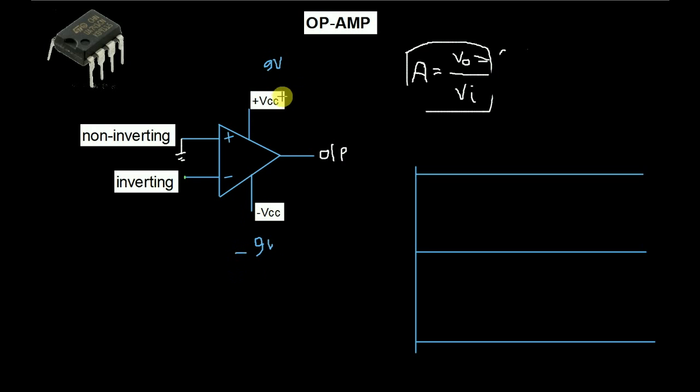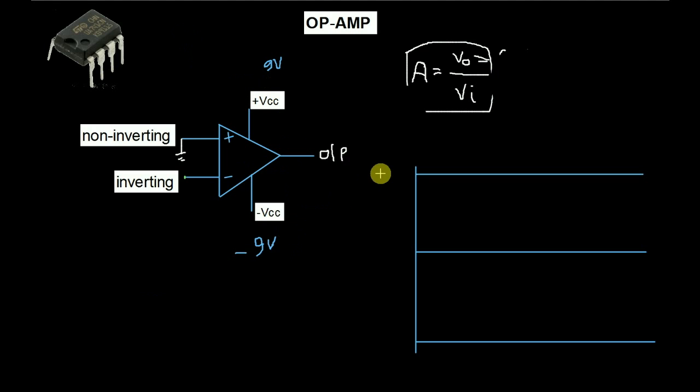We have used a 9-volt DC source to bias this op amp. We have to bias this op amp before doing some operation, because this is an active device. Every active device must be biased, because without biasing, an active device will not work. So as the op amp is an active device, we must bias this op amp before doing some operation.